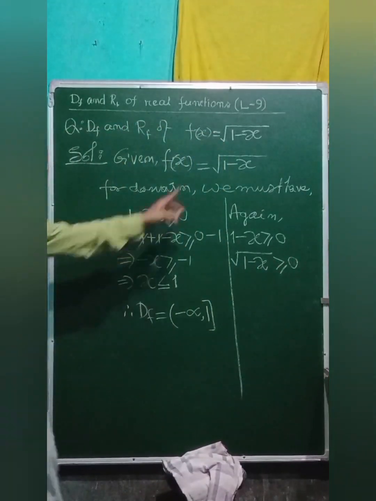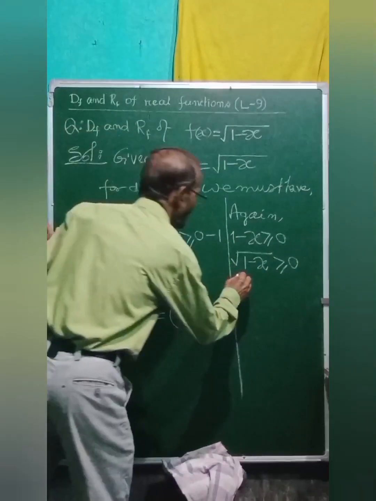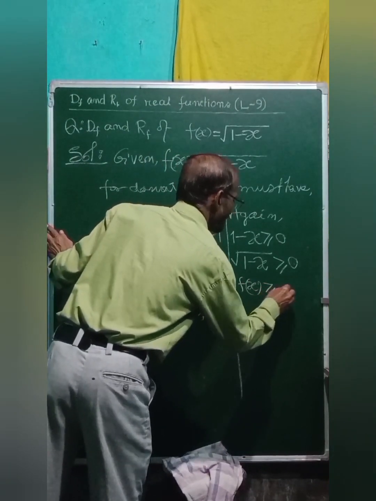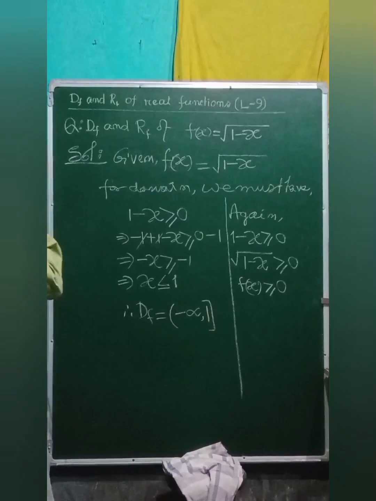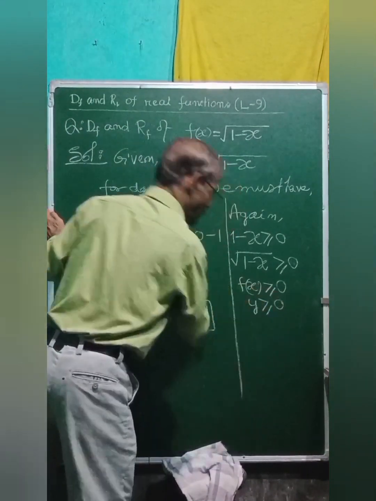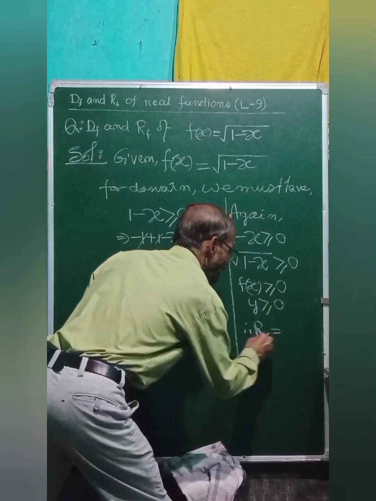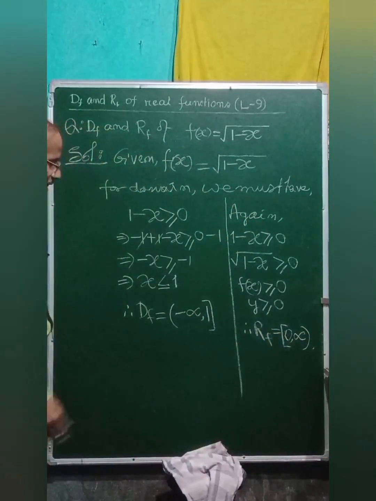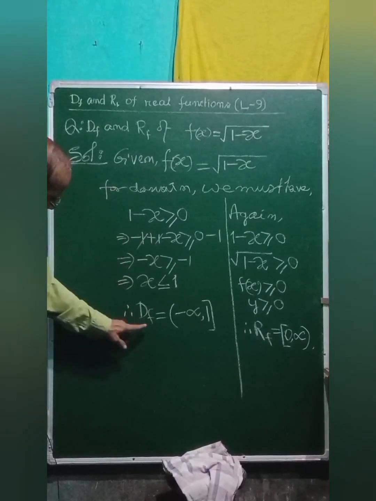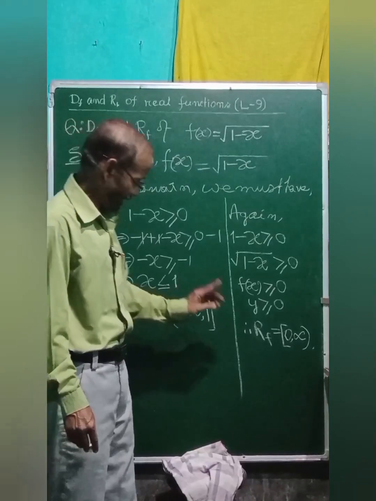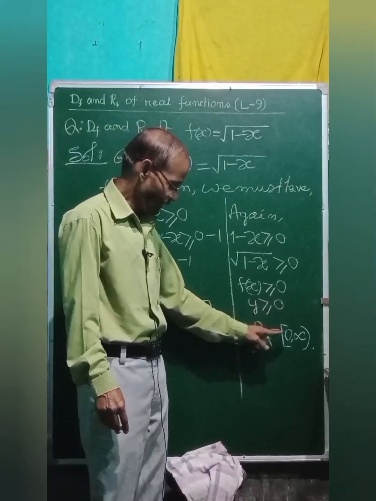But root over (1 minus x) is nothing but f(x), so f(x) is greater than or equal to 0. You can write again y greater than or equal to 0. Therefore, the range of the function is 0 to infinity. And now look here: the domain Df is minus infinity to 1 and the range is 0 to plus infinity.